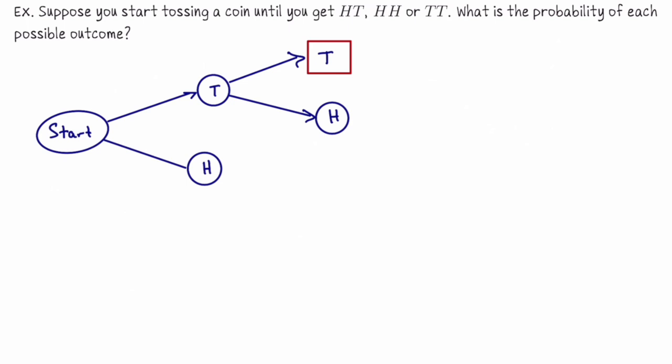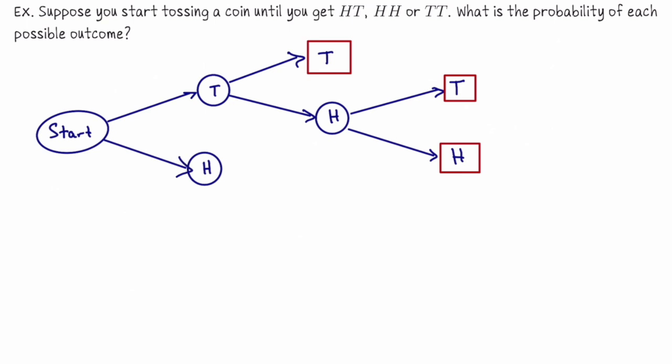Okay, from heads, I could flip again. I'm still on the top. So this would be like flipping again. And we would either get tails or heads, of course. Heads, tails, and heads, heads are both endings. So I will box them. And I think that takes care of the top branch, so let's go down to the bottom branch.